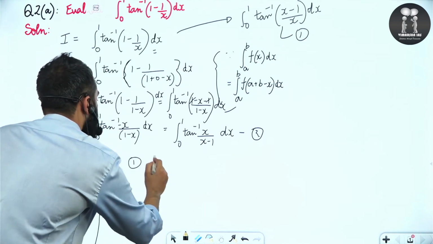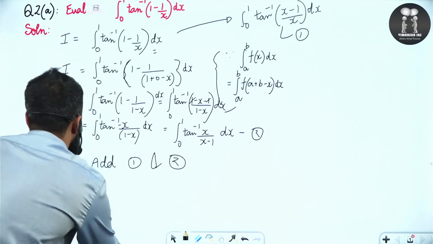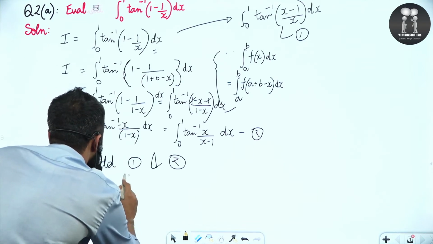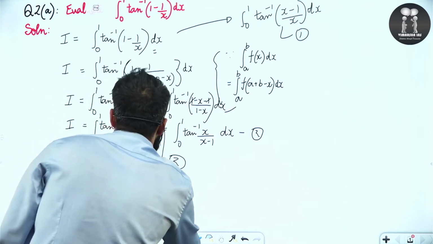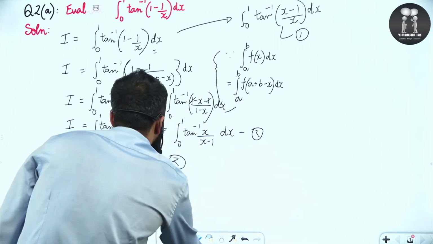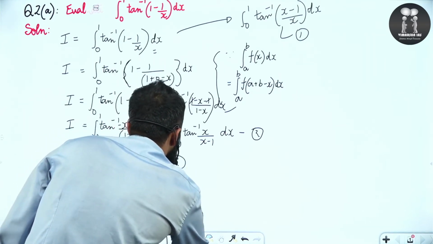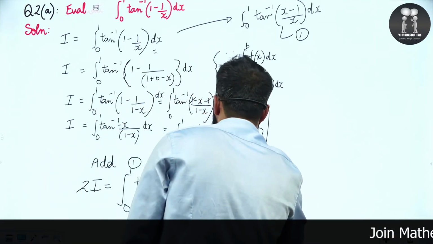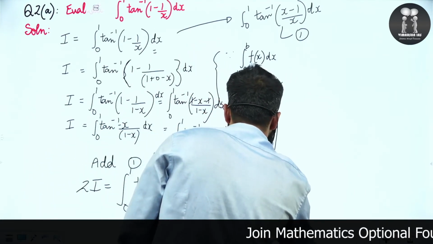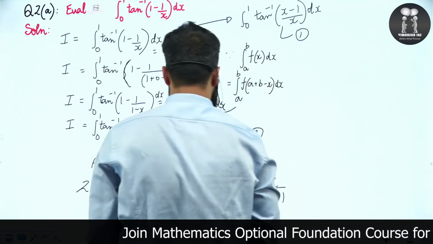Add 1 and 2. So it will be like 2I equal to the integral from 0 to 1 of tangent inverse of x minus 1 by x plus tangent inverse of x by x minus 1.